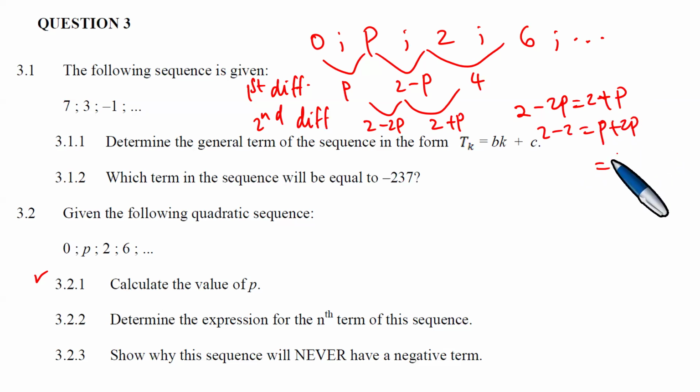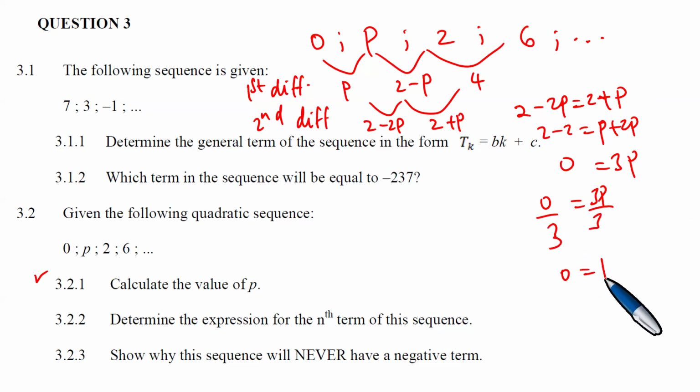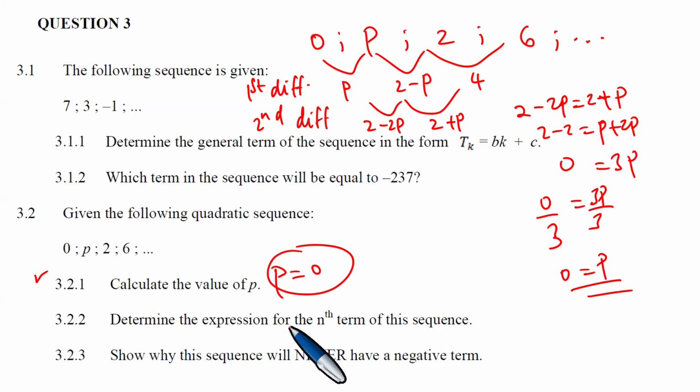What is p plus 2p? 0 equals 3p. Okay, if 0 is 3p, then what is the numerical value of p? You divide here, which means 0 is p. So calculate the value of p, it means p equals 0.